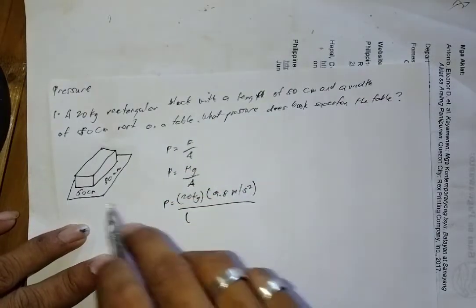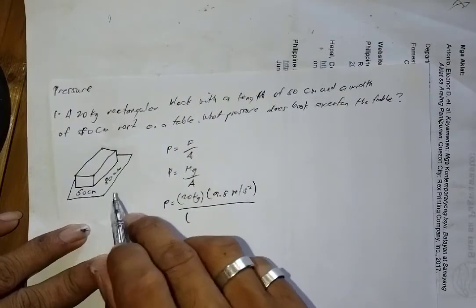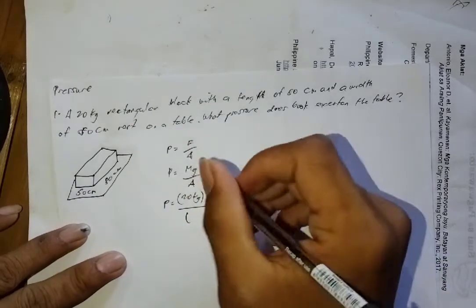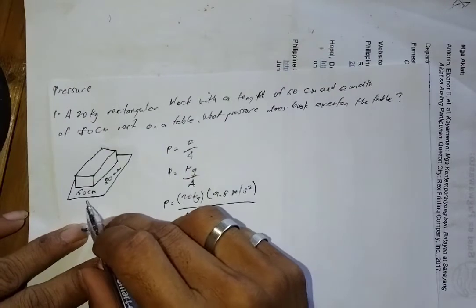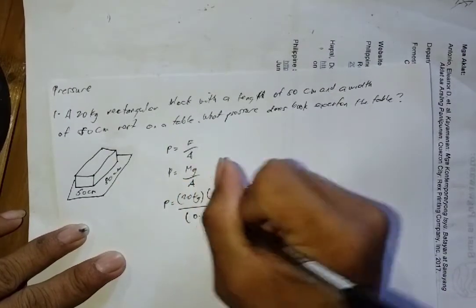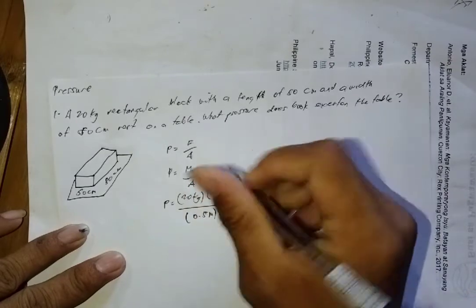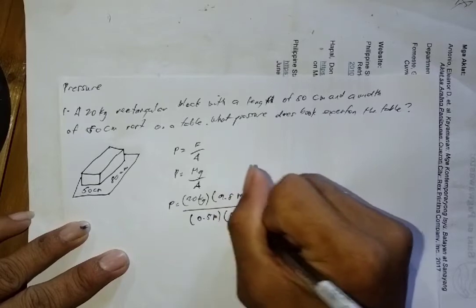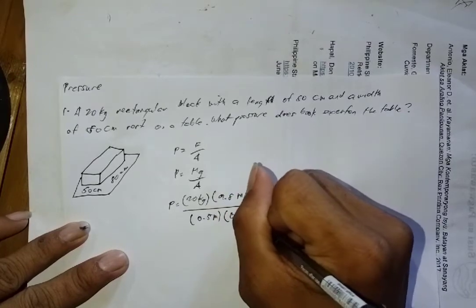To convert centimeter into meter, just divide by 100. 50 divided by 100 is 0.5 meter, and 80 divided by 100 is 0.8 meter.